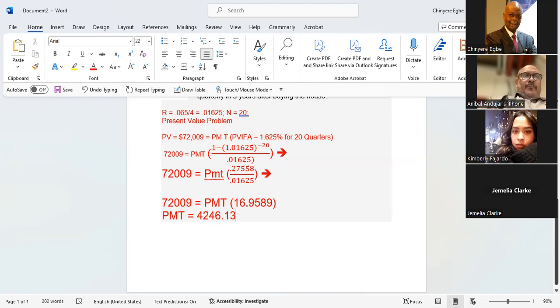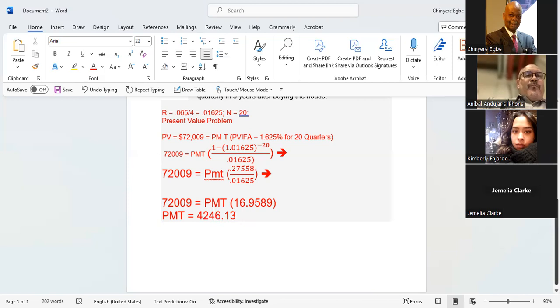So first of all, you can see you have a stage. The first stage is to calculate what your periodic payment will be. Are you following me? Yes, we're following. Okay. So you can see why we call it multi-stage. First you ask yourself, how much will your house cost in 5 years? And then how much would you be able to accumulate in savings in 5 years?